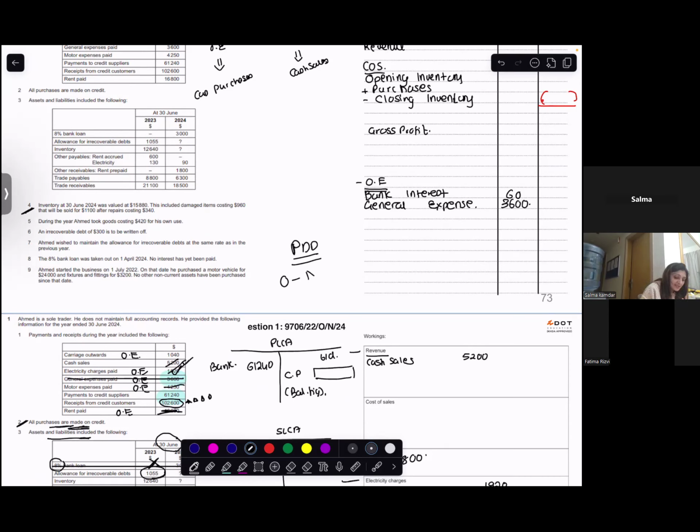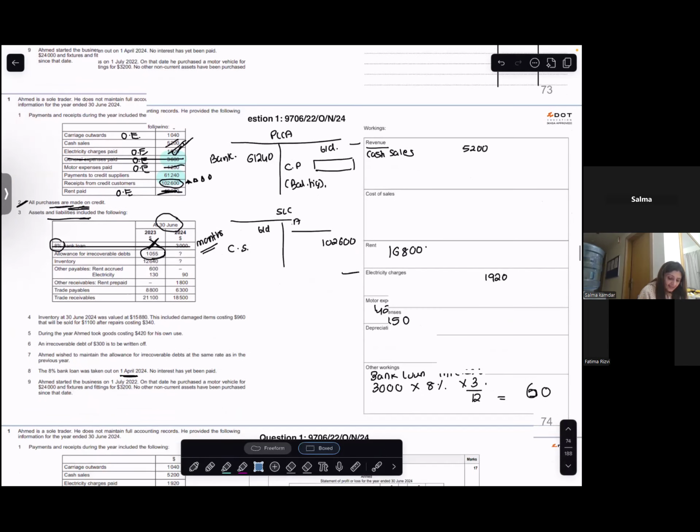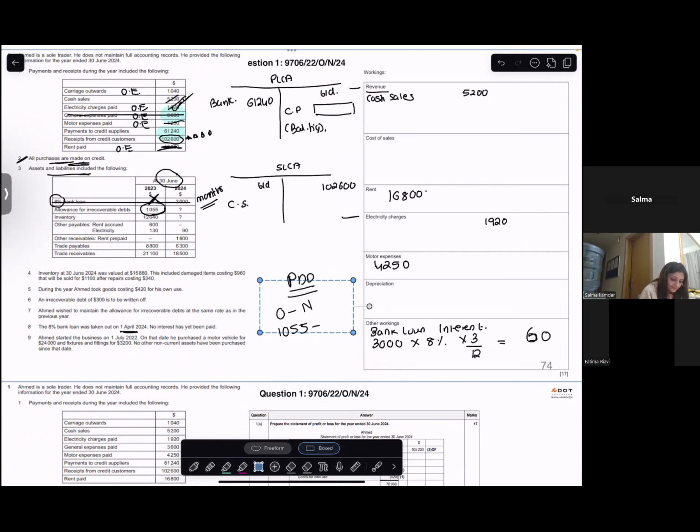Old minus new. Initially, I had something that was 1055. Let's see if I have any new PDD. Check if there is any new PDD for us.